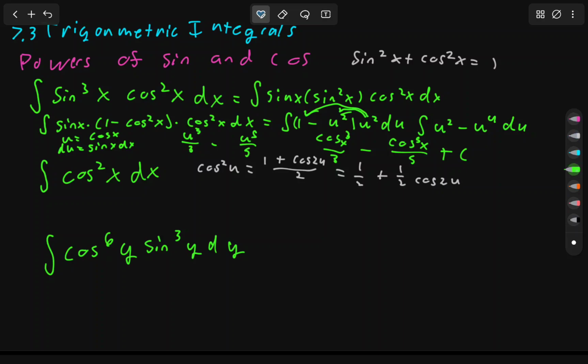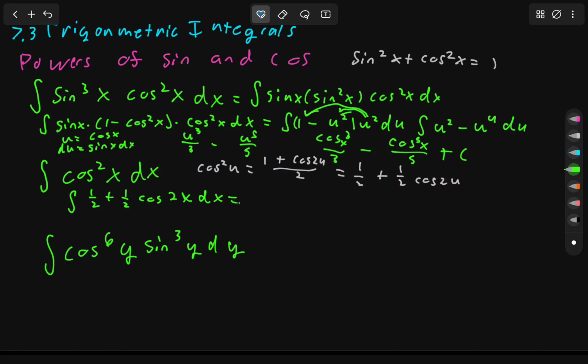Now we're going to plug this into our integral so that we get the integral of 1/2 plus 1/2 cosine of 2x dx, in this case. This u is really just an x.